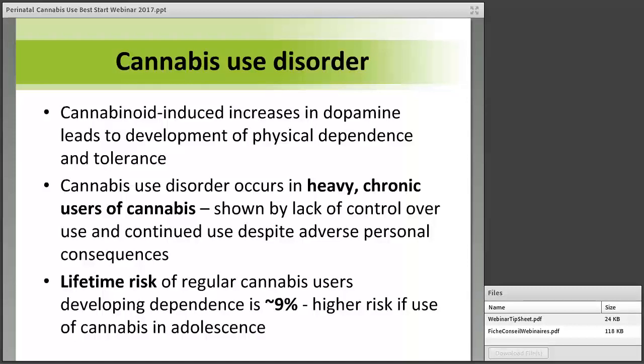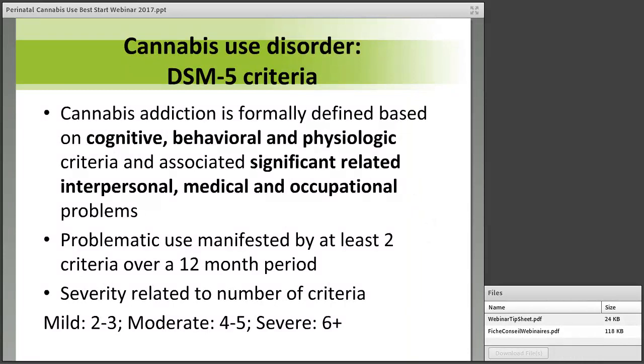Individuals who start using cannabis in adolescence have a much higher risk of developing cannabis use disorder, and the percentage can be up to 10%. That's concerning: 1 in 10 adolescents can develop a lifetime cannabis use disorder. So that's a high proportion, and this then turns into adults who have a high risk of getting pregnant as well. Cannabis addiction is actually well defined.